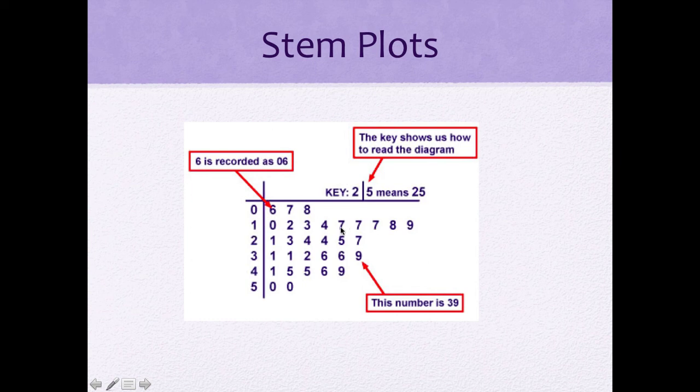So 1, 7 means 17. So this 9 right here, because it's off of this stem of 3, actually is 39. If you have ones, like up here at the top, then you have a 0 in your tens spot. So this would be 6, 7, and 8. So that's 3 pieces of data there.